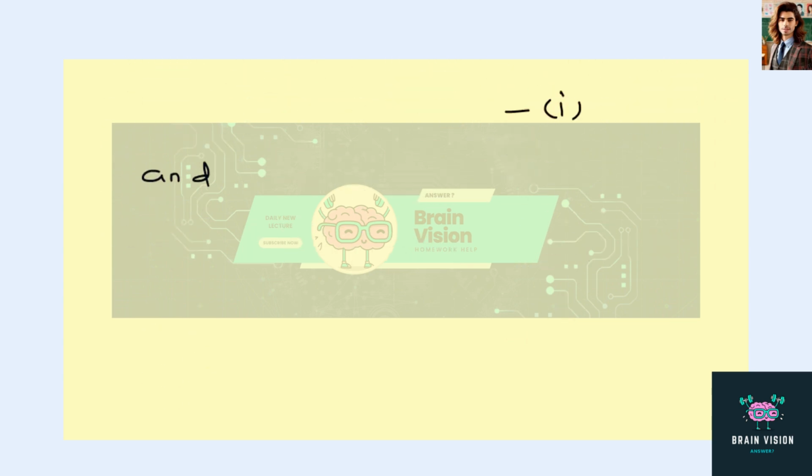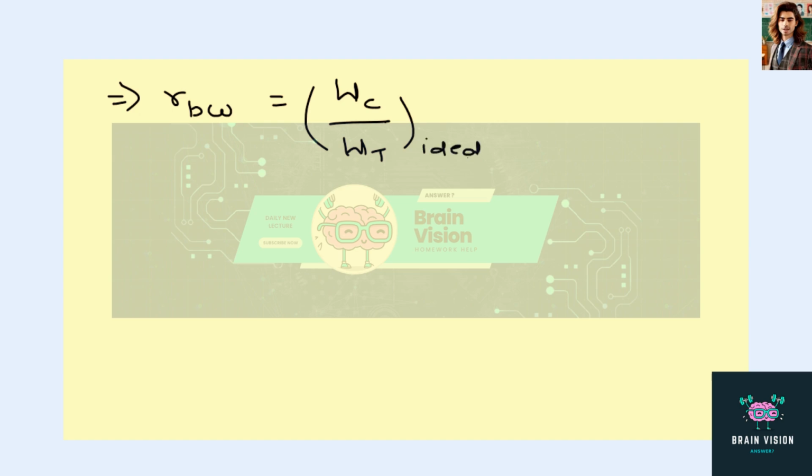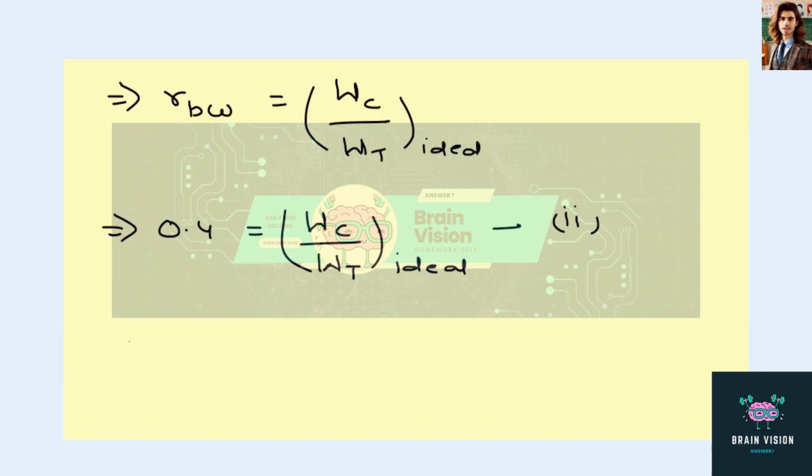Now going forward and solving further, we can also write RBW is equal to WC by WT ideal. This is the formula. So putting the value of RBW here, we have another equation, that is equation number 2.